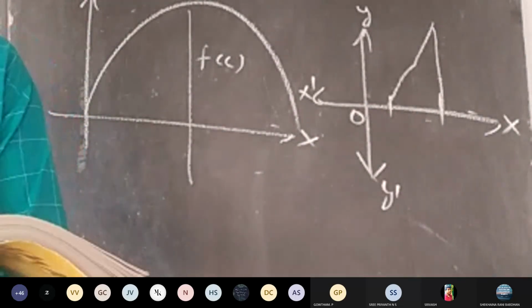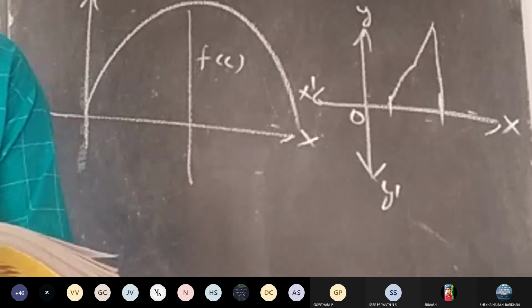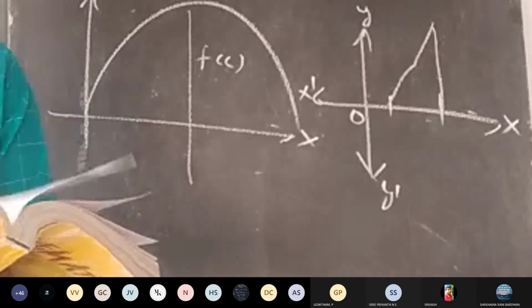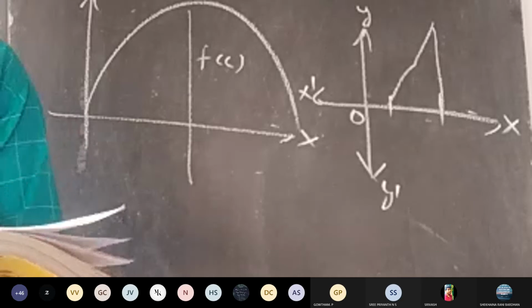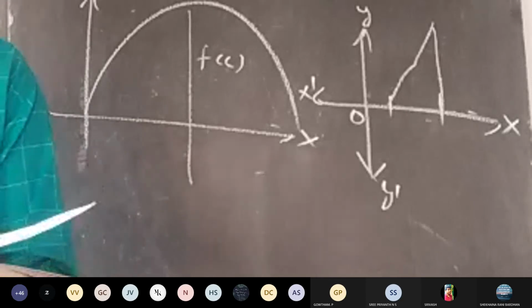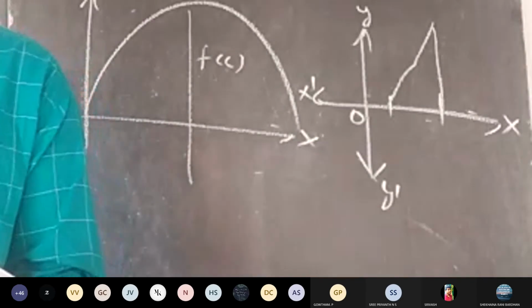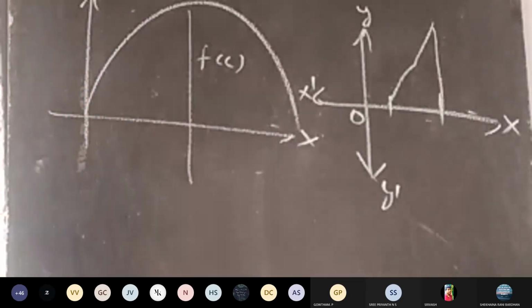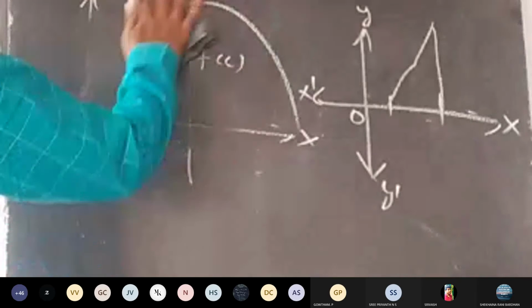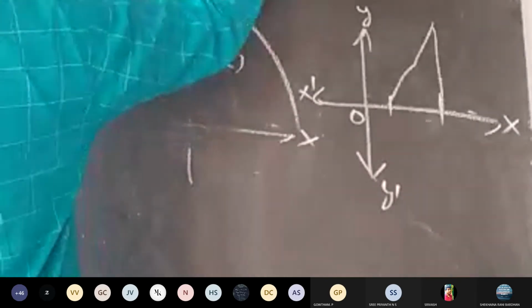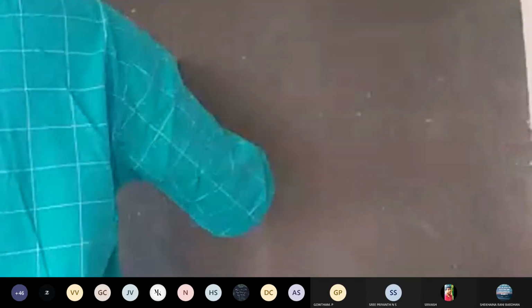So here, for example, see, now one equation is given. One minute. See one problem.